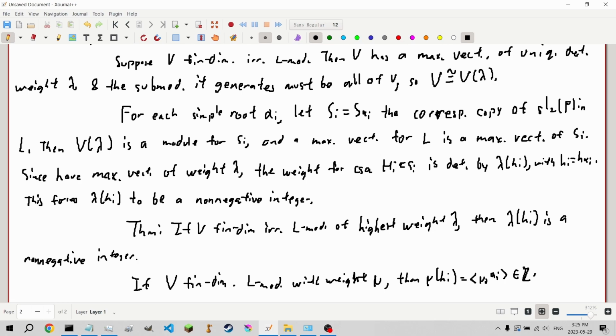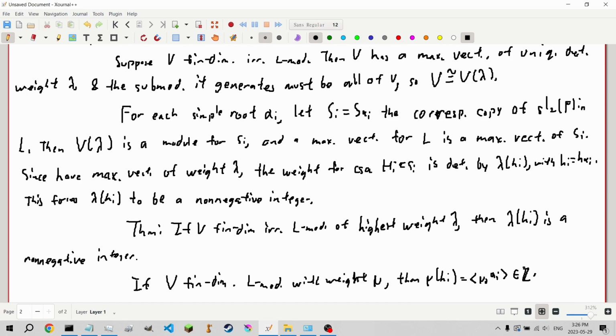This gives us a compatibility between the two different forms of weights we've been using so far; they're essentially the same thing.